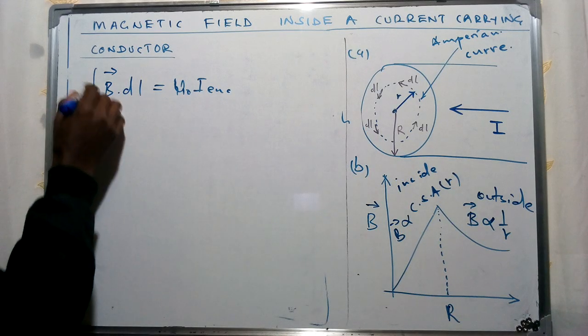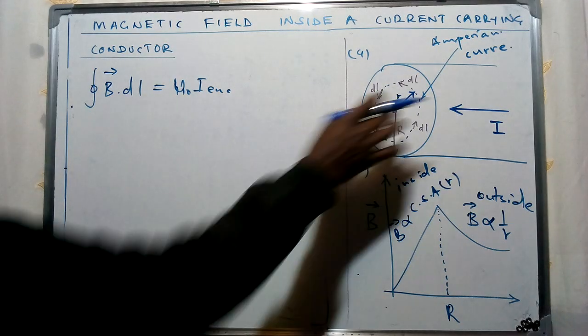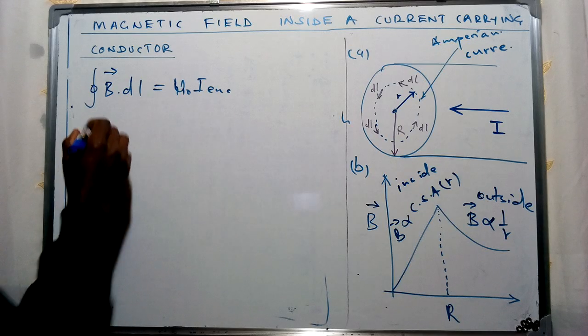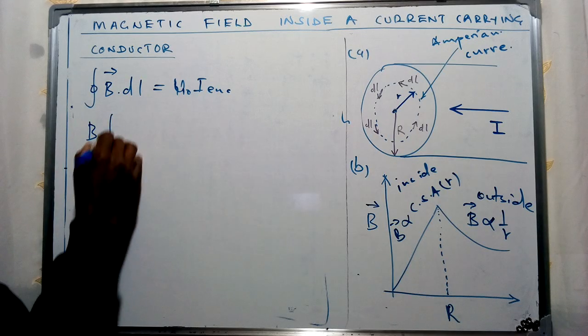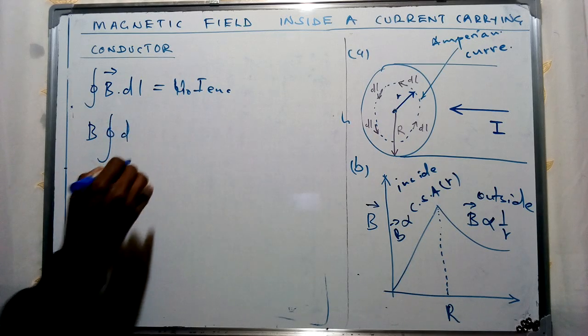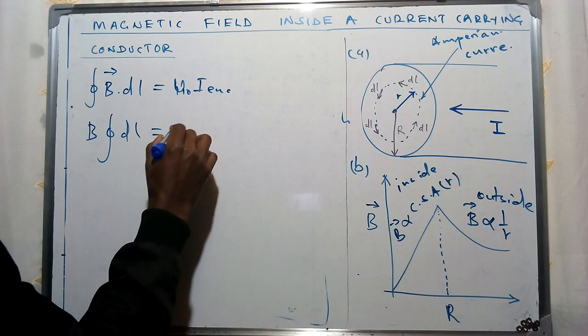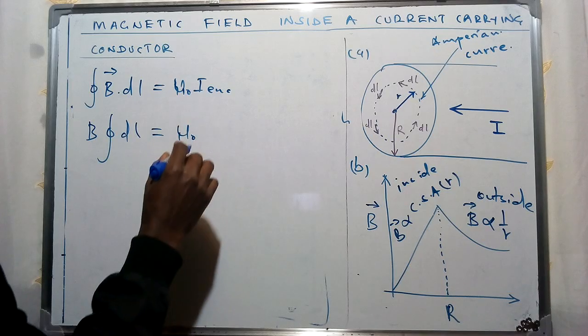So we have to consider this for a closed path, which is of course going to be our circumference, and therefore we can evaluate this and find that we are going to take out the magnetic field. And for this specific aspect of the length element, this is going to give us current.